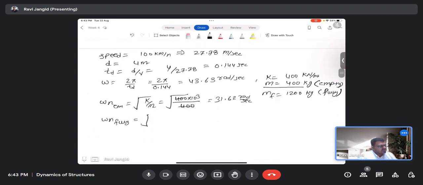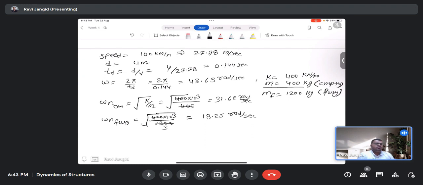So for the fully loaded, it would be 400 into 10 raised to power 3 divided by 1200, under root. So that will cancel out, and you will get 18.25 radian per second. So I have the omega n for the fully loaded and empty.